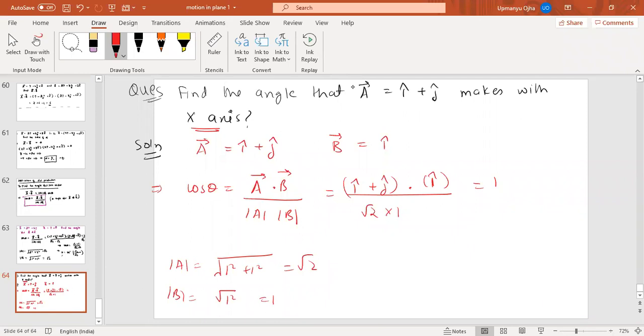So 1 plus 0 by root 2. So the answer is 1 by root 2. Therefore, cos theta is equal to 1 by root 2. Therefore, theta equal to how much? 45 degree. So the angle which a vector will make with x-axis will be equal to 45 degree.